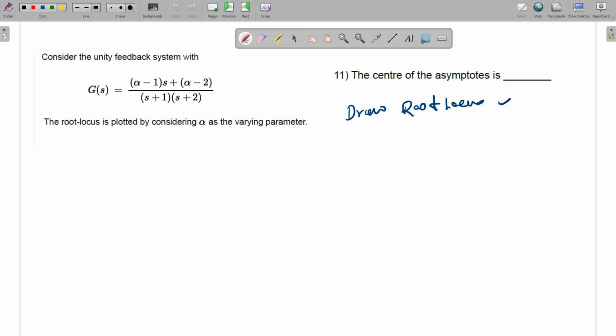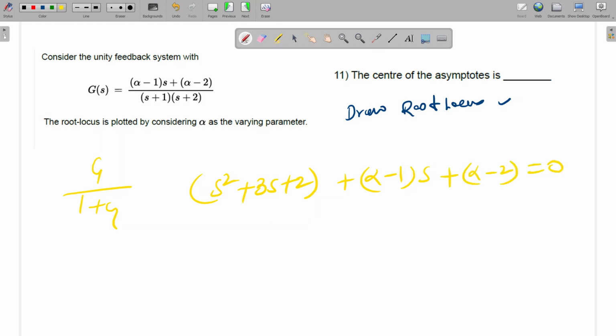The unity feedback transfer function is there. So what will be the characteristic equation for this one? The overall closed loop transfer function will be equal to G by 1 plus G. If you write the characteristic equation, it will be s square plus 3s plus 2, this one term, plus (alpha minus 1)s, plus (alpha minus 2), equal to 0.